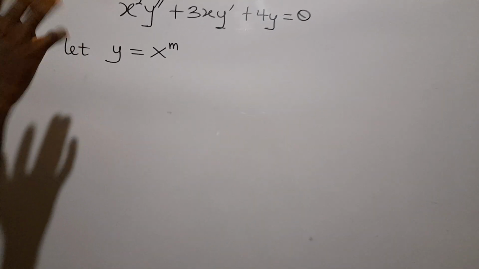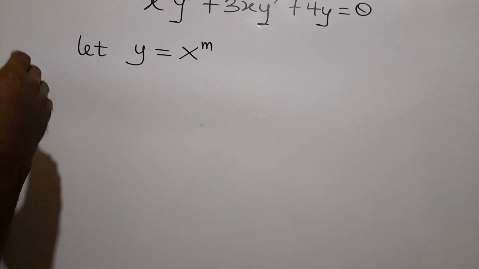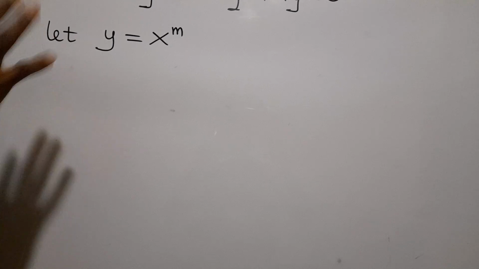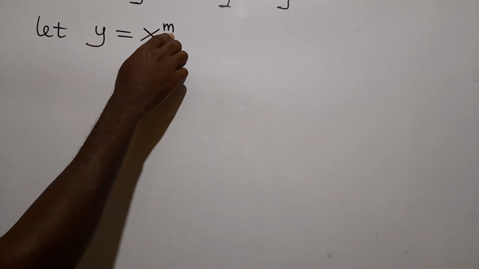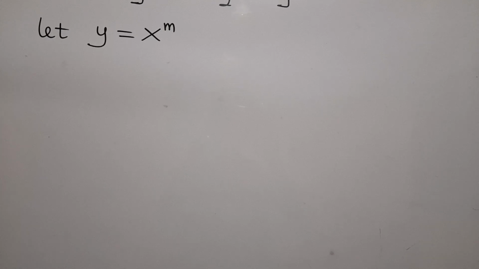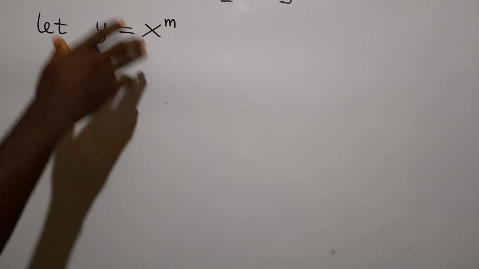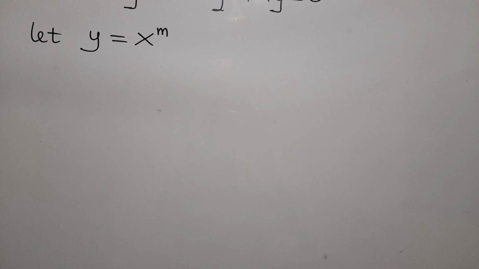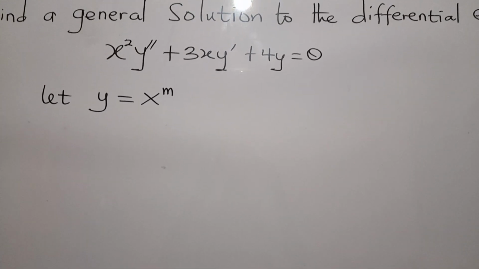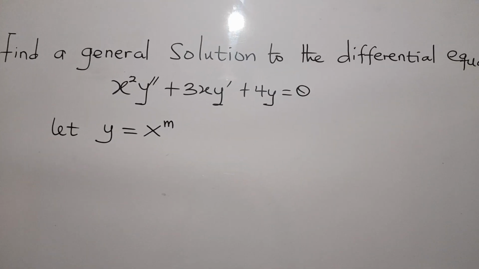Now, in solving this, we will be confronted with three different situations: when we get the value of m to be two distinct roots, when we get a repeated root, and when we get a complex root system.